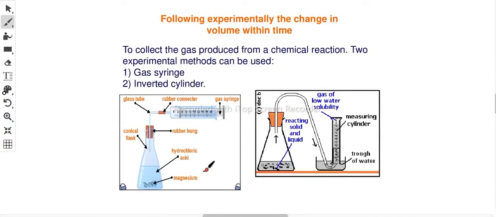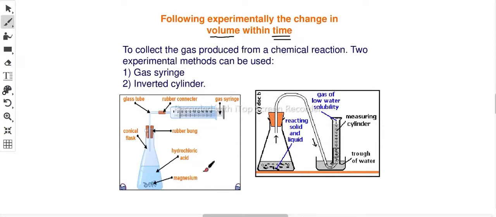We will go through a little bit of the experimental methods that can be used. I'm going to start with one of the most important experimental methods that we use inside the lab, which is determining the change in volume per unit of time.